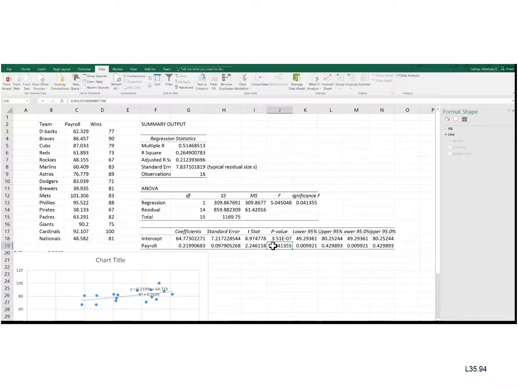Another way to see that is to look at the confidence interval. These next two columns give the 95% confidence interval for the slope. The lower value is 0.0099. The upper value is 0.4299 when you round off. And notice that 0, the value under the null hypothesis, falls just below this 95% confidence interval, just barely.